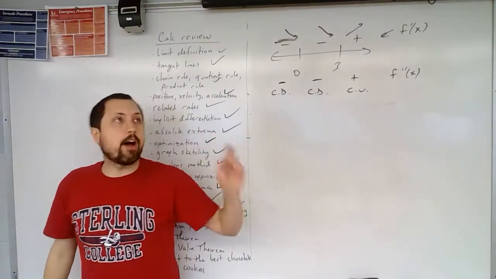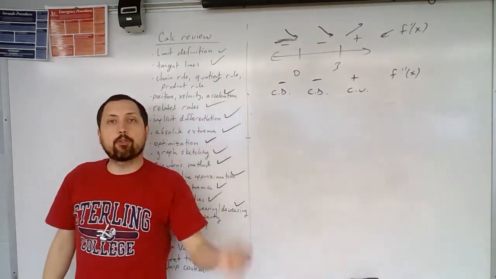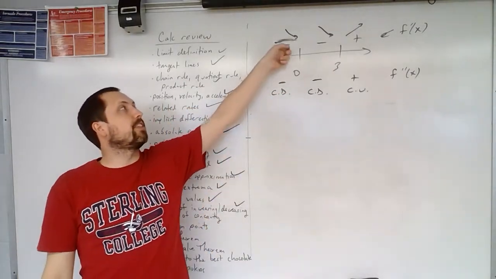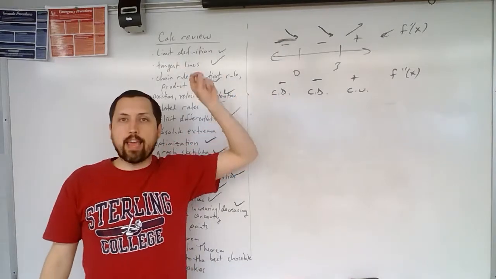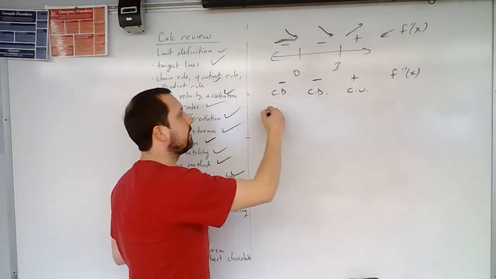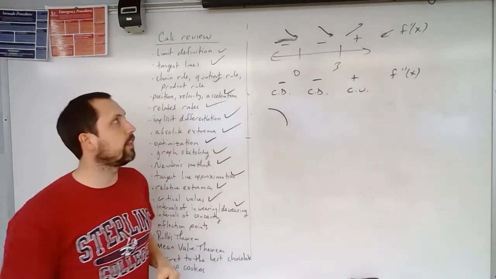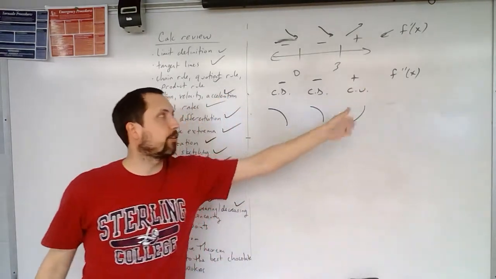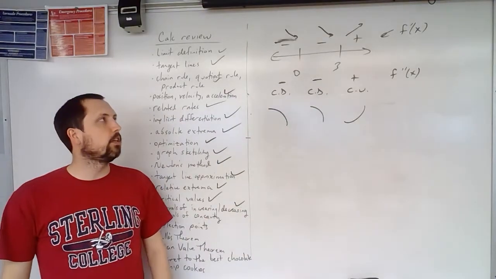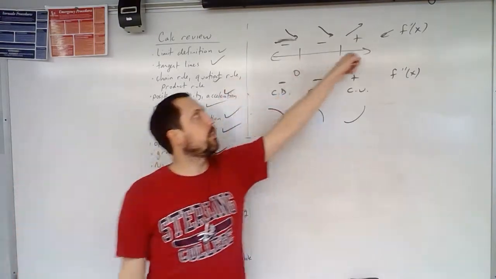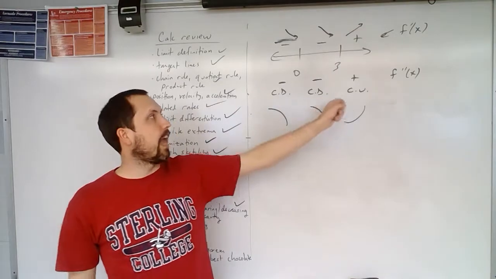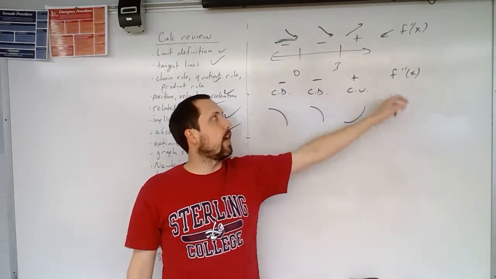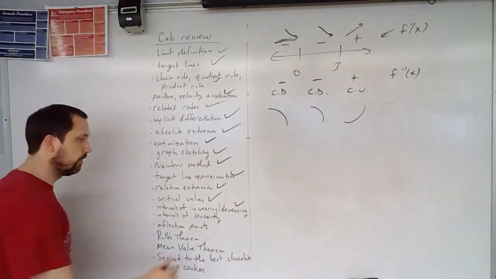Again, we have concave down, and so we could go back to the graph sketching and be able to sketch the graph where when we have something that is decreasing but concave down, our graph would look like this, or it would look like this, and then here it would look like this because it's increasing while being concave up. So increasing, decreasing, look at the first derivative. Concavity, either concave up, concave down, look at the second derivative.